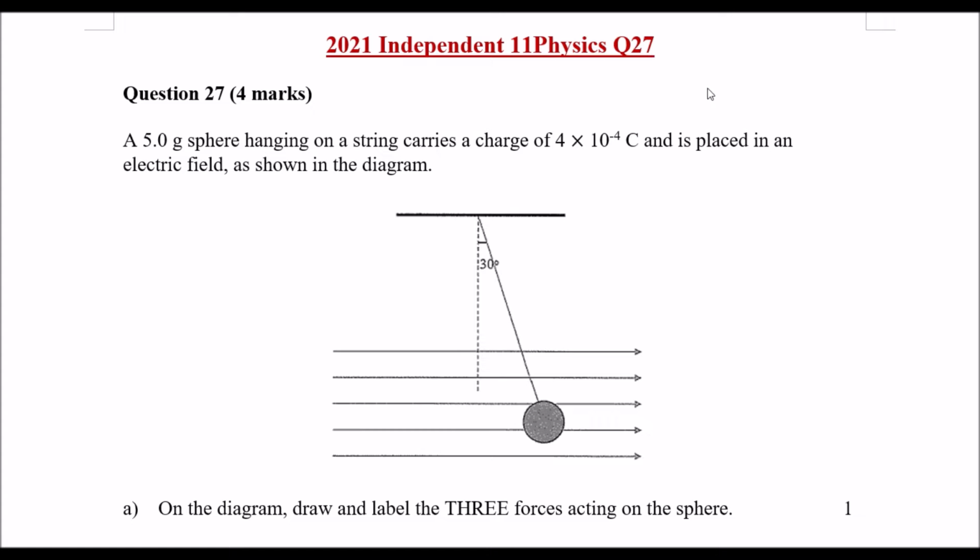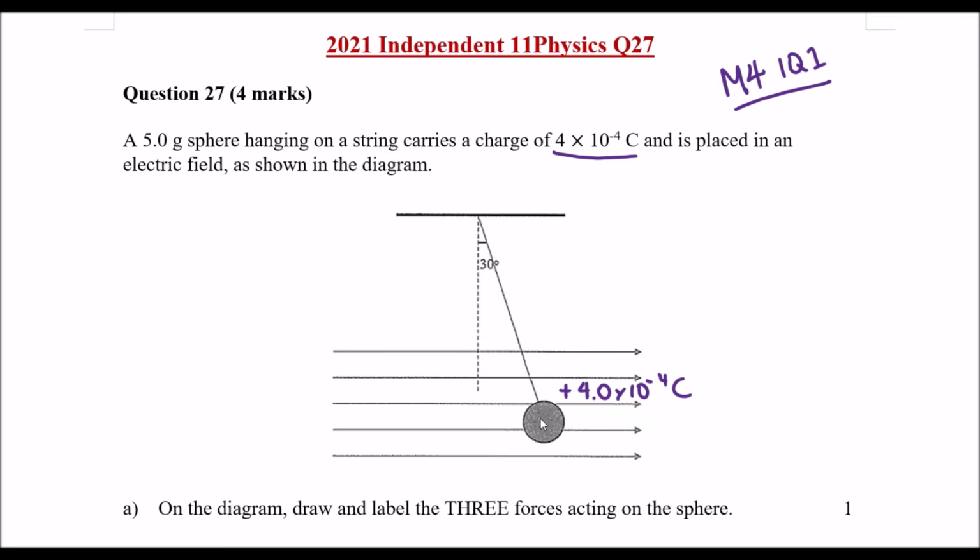We're going to go through a past paper question to answer Module 4, Inquiry Question 1. That's about electrostatic charges and charges in electric fields. In this question, we have a 5 gram sphere hanging on a string carrying a charge of positive 4 times 10 to the power of negative 4 coulombs.